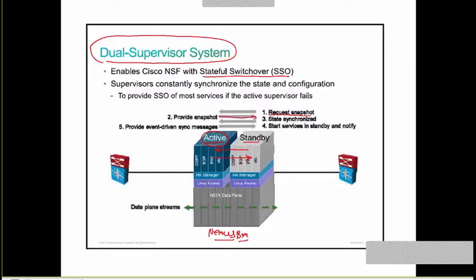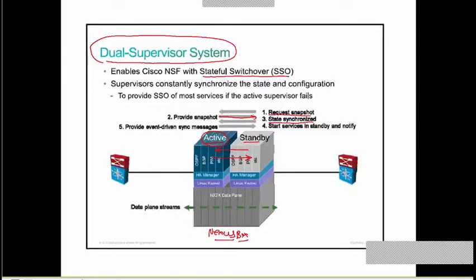The active supervisor will provide a snapshot to him. Once the active supervisor provides the snapshot, the active and standby supervisors will have the same state. Each will have the same configuration, the same routing table, MAC address table, CEF table, everything. So the third state reached is the synchronized state. That means your active supervisor and the standby supervisor are synchronized.